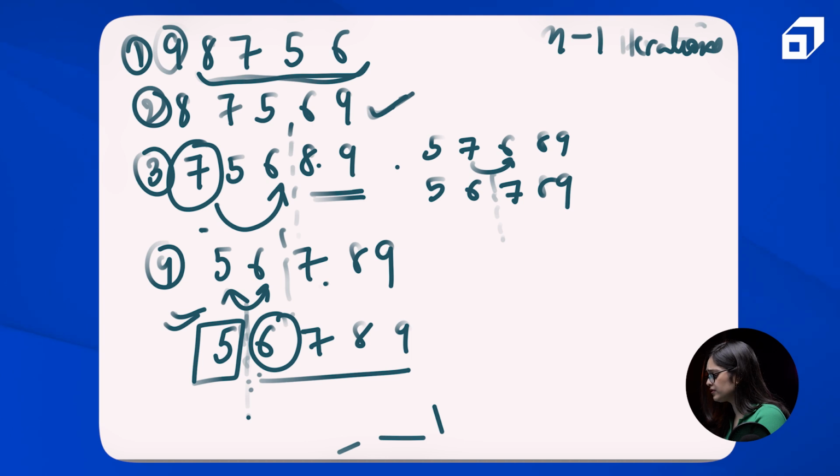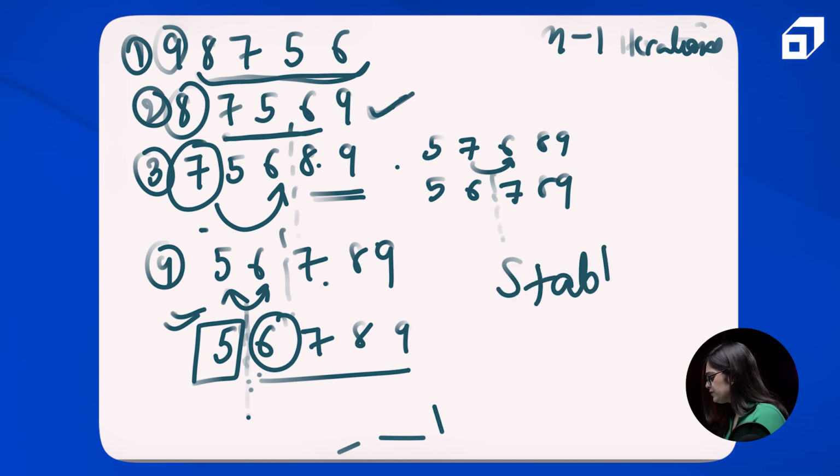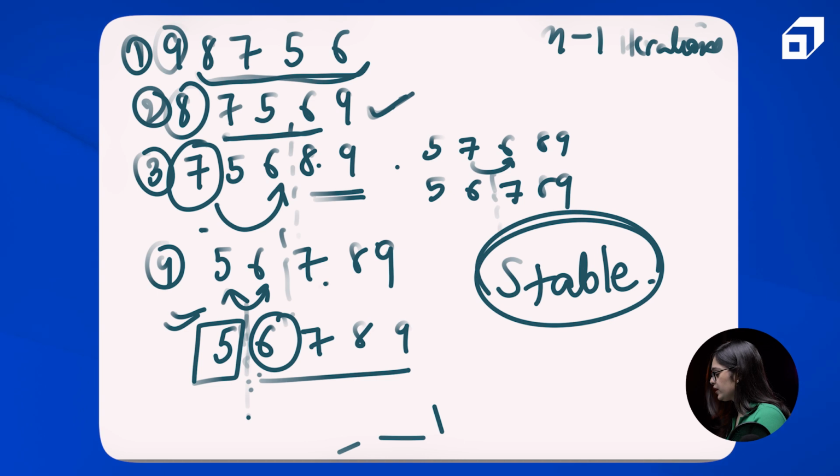And even when we were going to bring 8 at the last position, the relative order of 7, 5, and 6 were maintained. So whenever the relative order of elements in between the process of sorting is maintained, those algorithms are referred to as stable sorting algorithms, and bubble sort is one of them. So these are a couple of advantages and disadvantages of bubble sort.